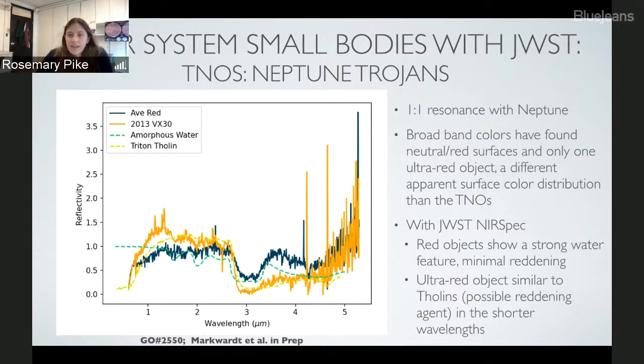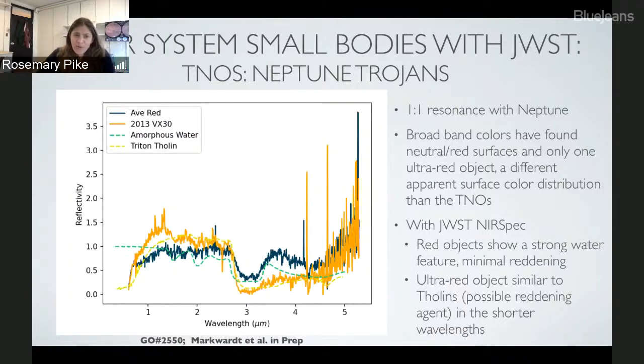So here you can see JWST near-infrared spectra, and the ultra red object is similar to the Triton Tholin, which is just an irradiated organic model. And the red objects show a strong water ice feature and minimal reddening.